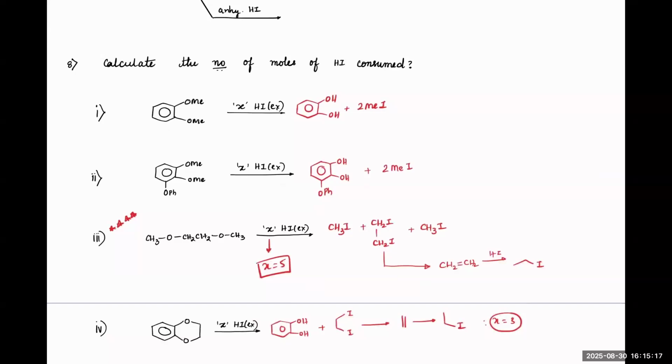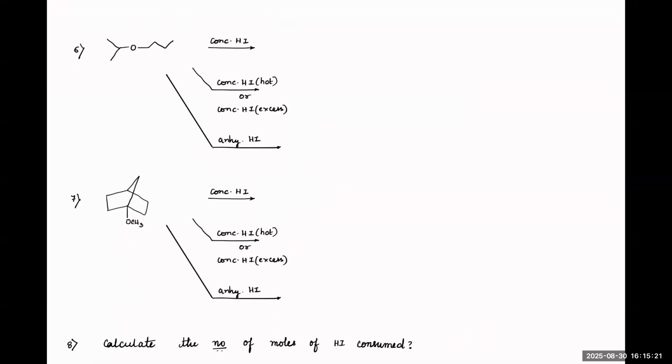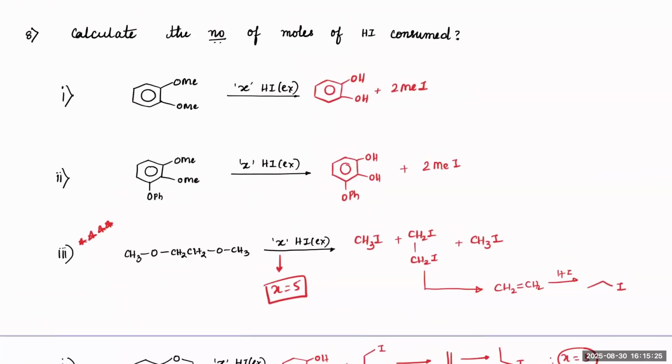I have given you some exercise questions to work out, to see whether you can get the product correct or not. Okay. Suppose you have methoxy groups on something like a phenyl ring. And I need to find out how many moles of HI are required to overall remove this methyl.